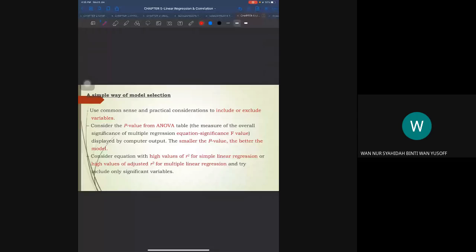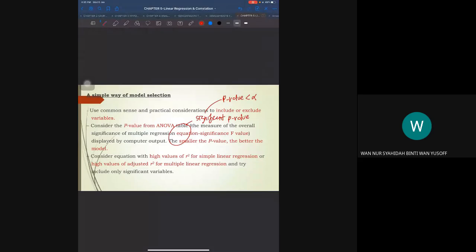So how is it significant? Your p-value must be less than alpha. So significant p-value means that p-value is less than alpha.